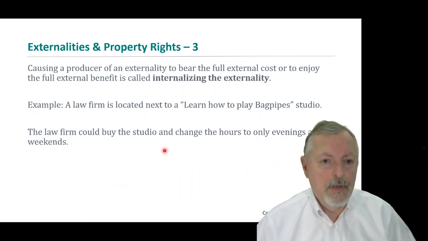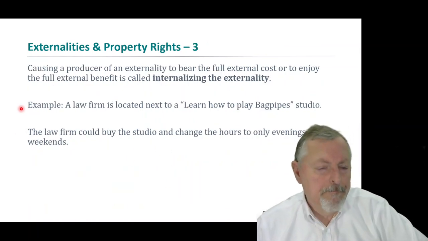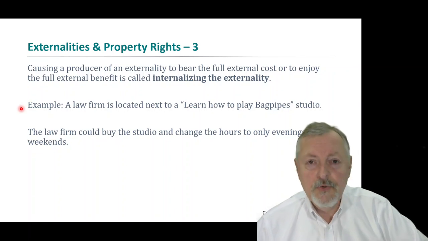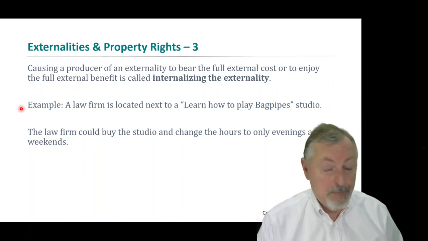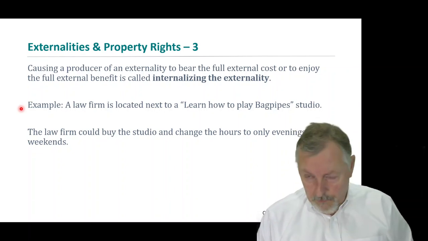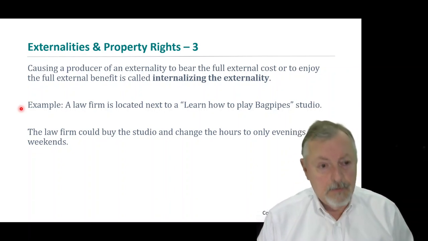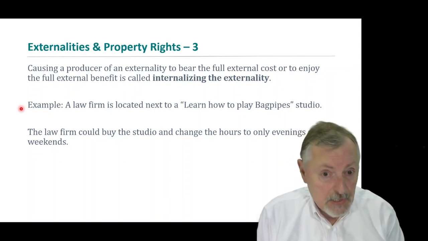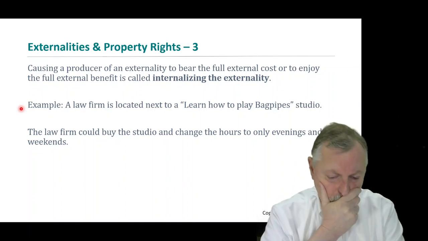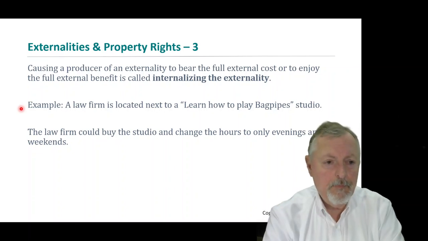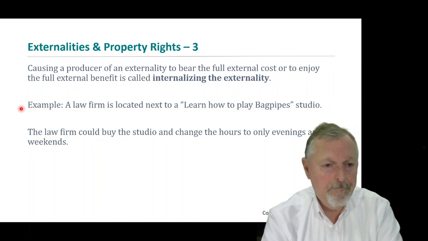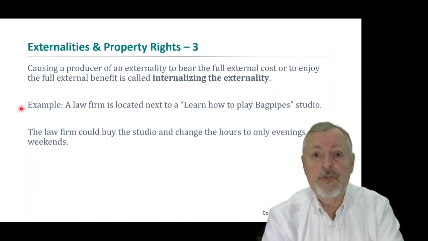Here's another example of internalizing the externality. A law firm is located next to a little business that teaches people how to play the bagpipes, which are very loud and very annoying. One way to internalize this externality, a common one used in corporate America, is that the law firm could just buy the bagpipe studio.